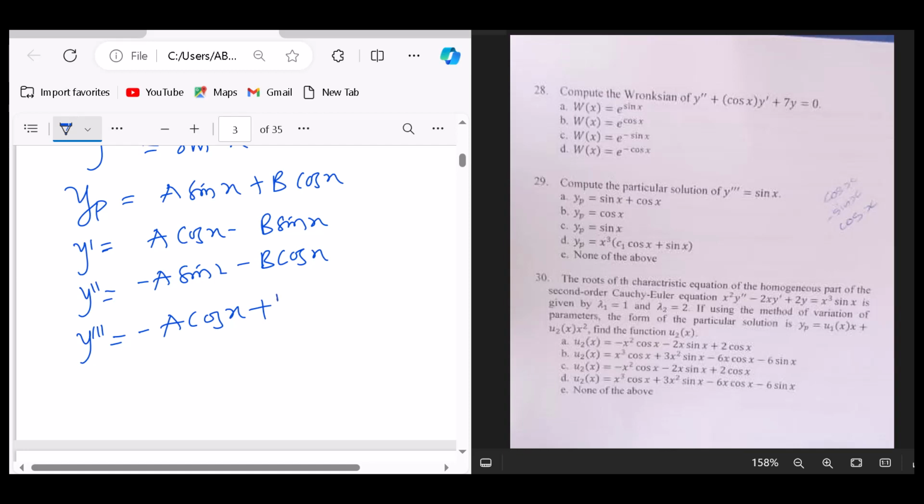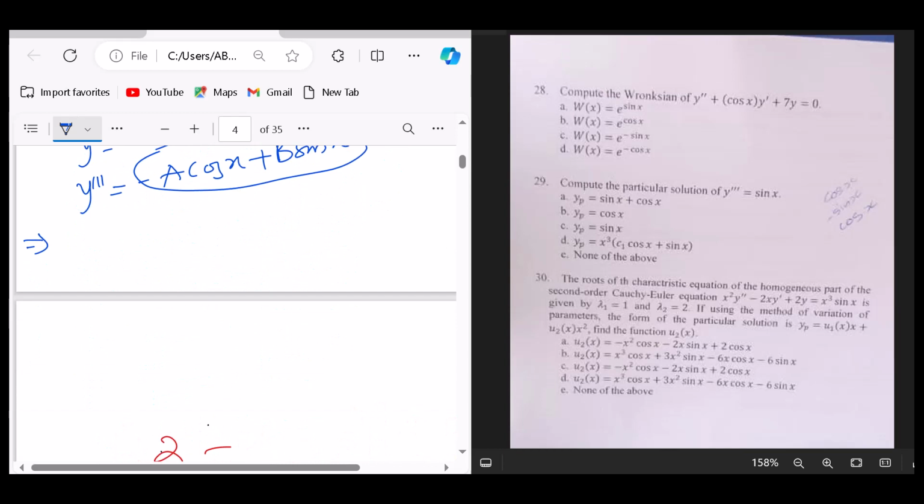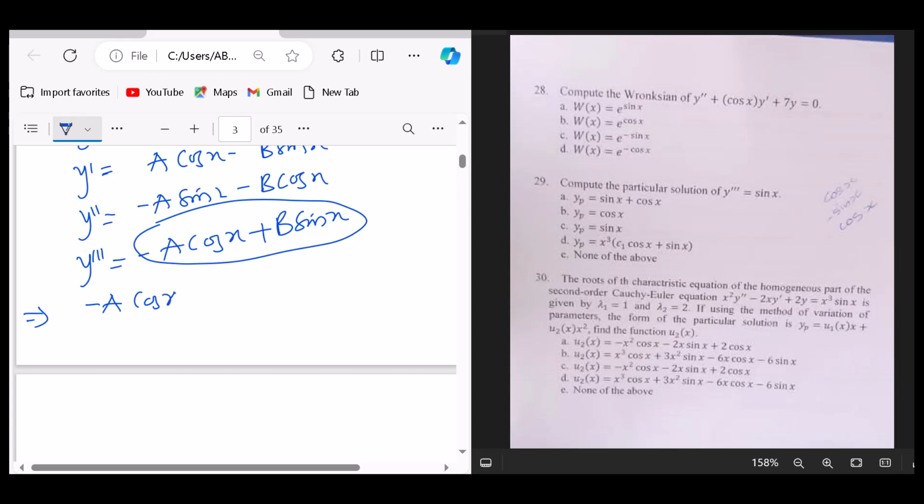plus b sin x. So substituting, this will imply that we are substituting this one into the differential equation because it only contains that one, and compare. So let's substitute. That will be negative a cos x plus b sin x all equals sin x.